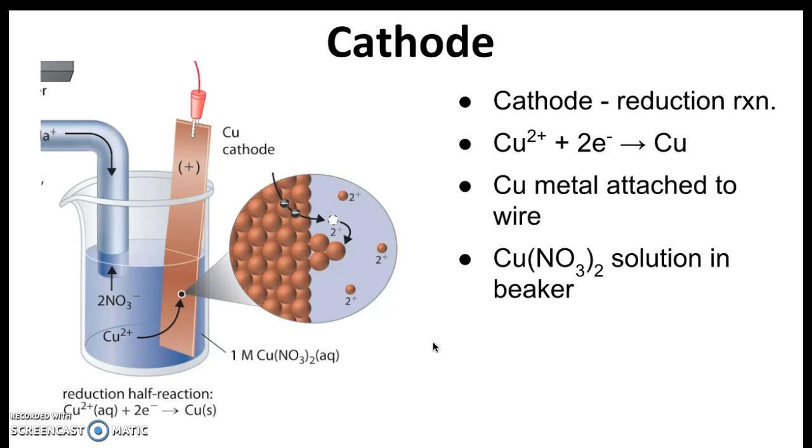That will be a close-up here. So key things to remember: at the anode you have oxidation, at the cathode you have reduction. And in order for these processes to work, you have to have the piece of metal inside a solution with the metal ion.